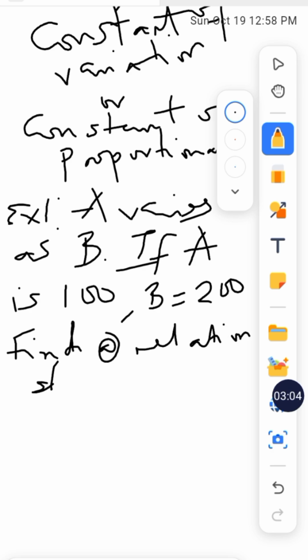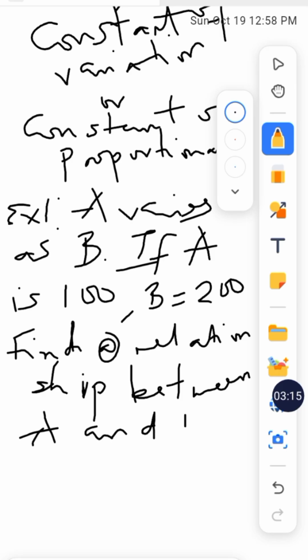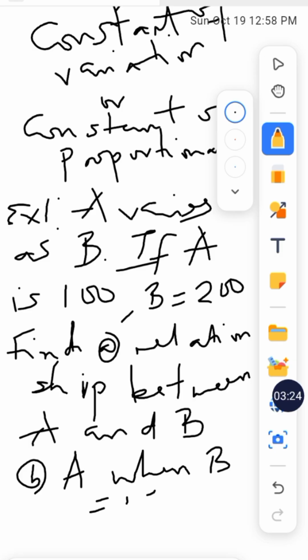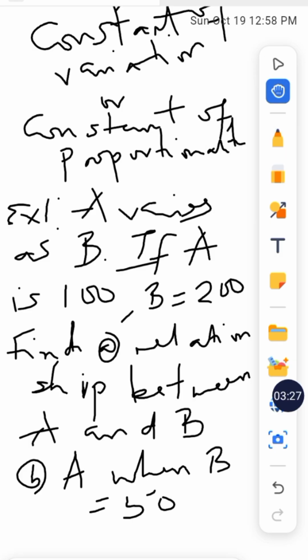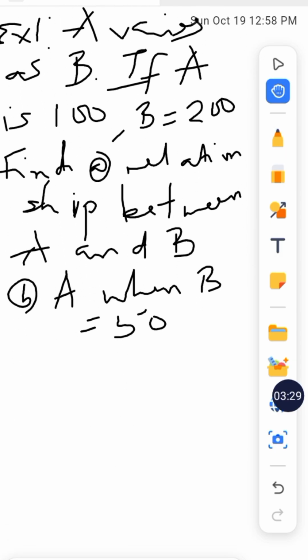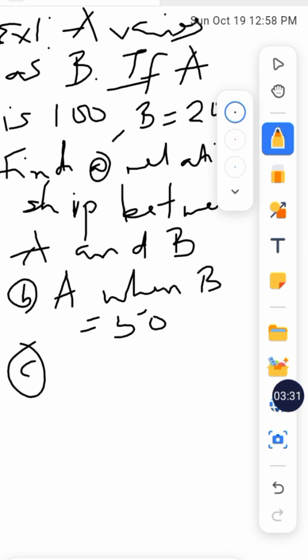Some textbooks call it formula or equation. Find the relationship between A and B. Question B, find A when B is 50. Then question C, find B when A is 80.